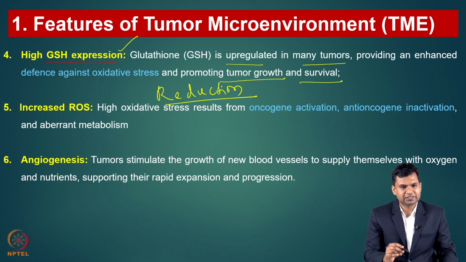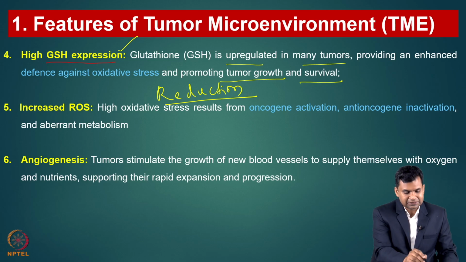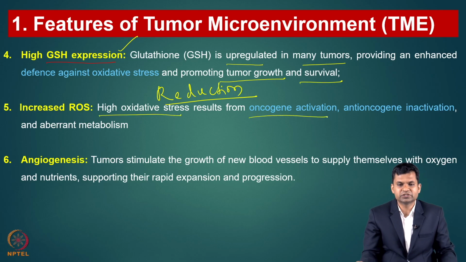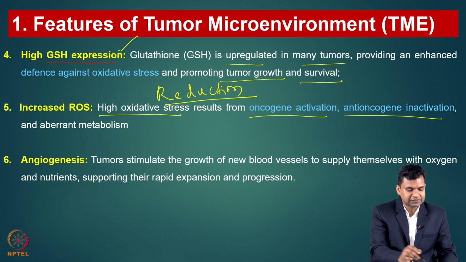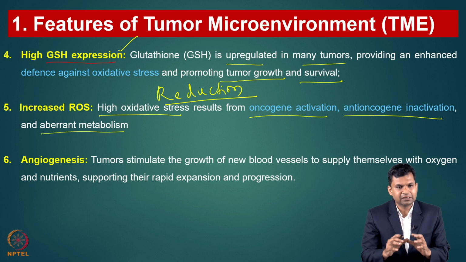And the fourth point is increased reactive oxidative stress, that is, high oxidative stress which results from oncogene activation and anti-oncogene inactivation, and then aberrant metabolism, which leads to increased reactive oxidative stress in the tumor microenvironment.